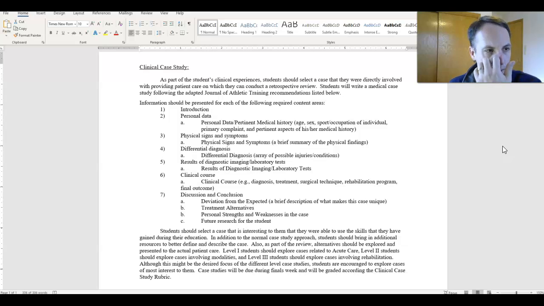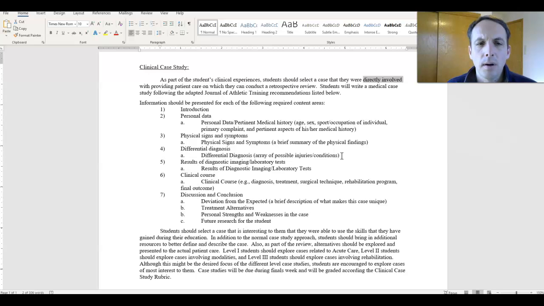So the first part of this is I would like you to pick a case that you were directly involved in, right? Ideally, this is something you were involved in, making decisions with, as well as implementing treatment. Now, that's not always going to be able to be completed in that manner, and it is possible to do a case that you were not directly involved in.